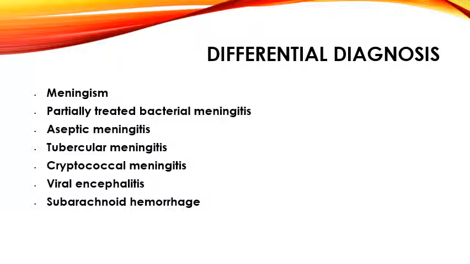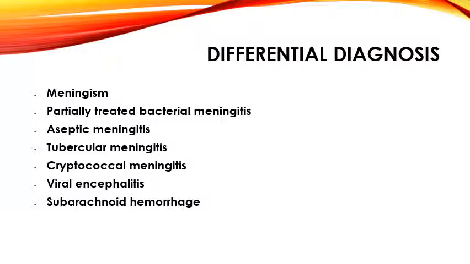So this meningitis is partially treated. You have not treated it to the full extent. So when the patient again comes to you with symptoms and you do the CSF analysis, you will not get the exact picture of bacterial meningitis, but you have to complete the treatment. So you have to differentiate whether you are dealing with partially treated bacterial meningitis, because CSF is not going to show you the typical features of bacterial meningitis.